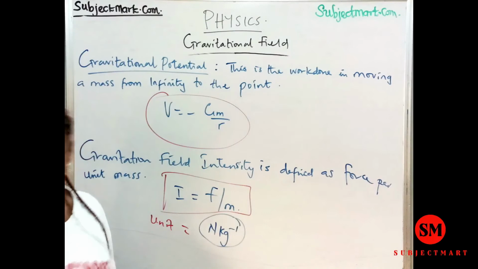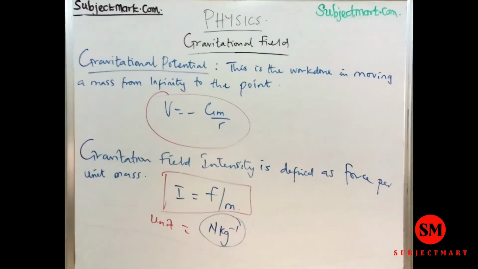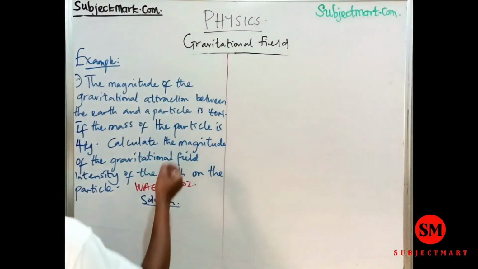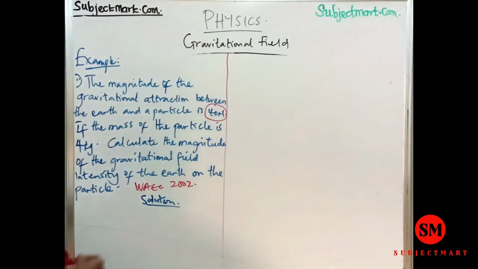So quickly, we are going to look at an example of that. The magnitude of the gravitational attraction between the Earth and a particle is 40 Newton. That's the force, so we are given the force to be 40 Newton.